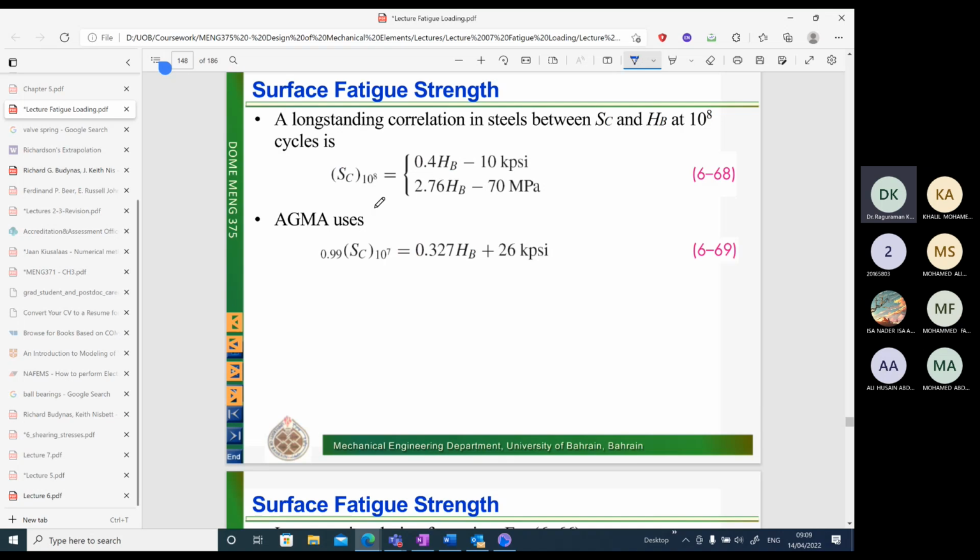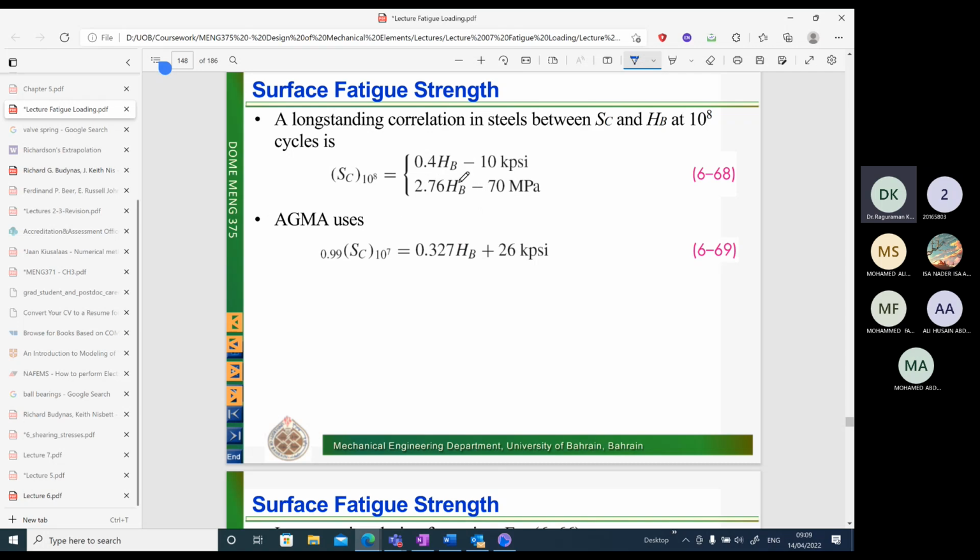So how do I figure out the contact fatigue strength for materials, just like endurance strength? At 10 to the 8 cycles, we can figure out the endurance strength based upon these empirical formulas for steel.